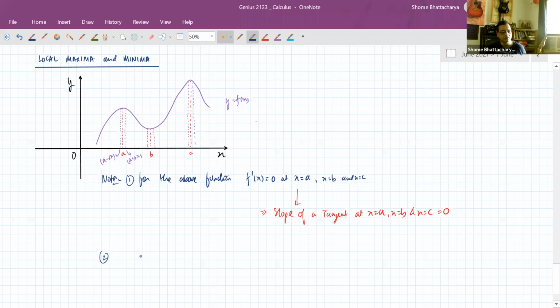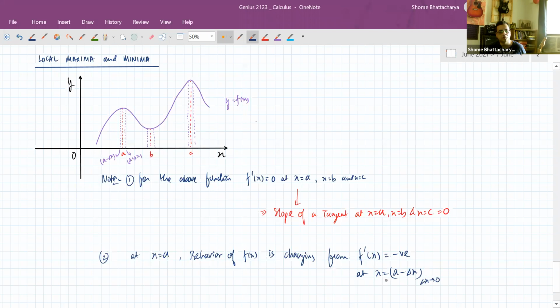Now the second thing you can see is that at x = A, the behavior of the function is changing from f'(x) being a negative value at x = A minus delta x, with delta x tending to 0, to f'(x) being a positive quantity at x = A plus delta x, but delta x is tending to 0.